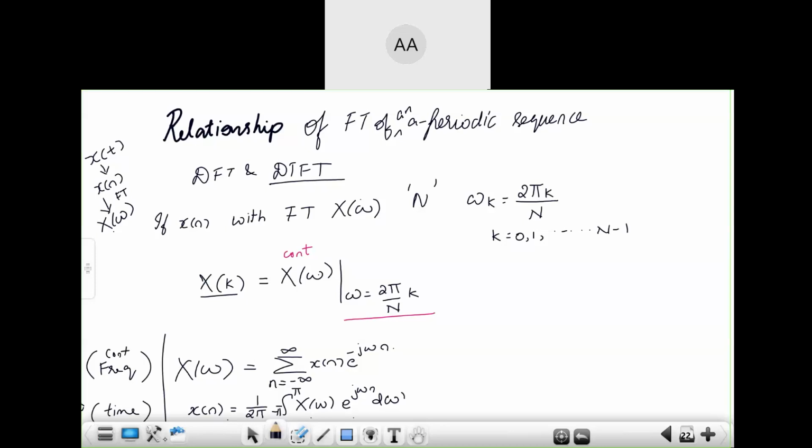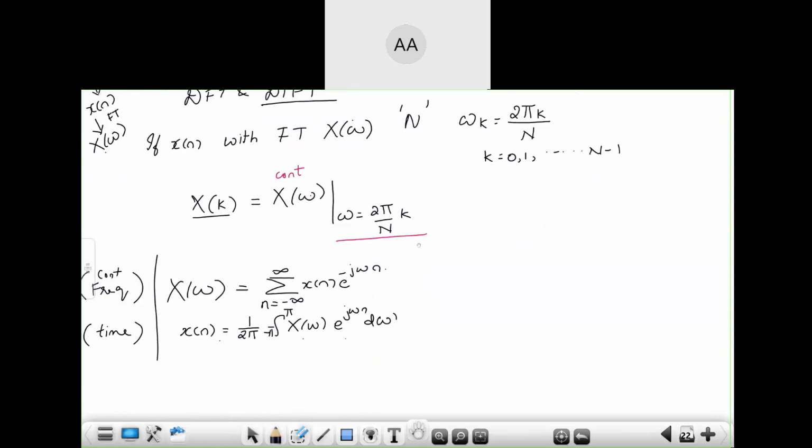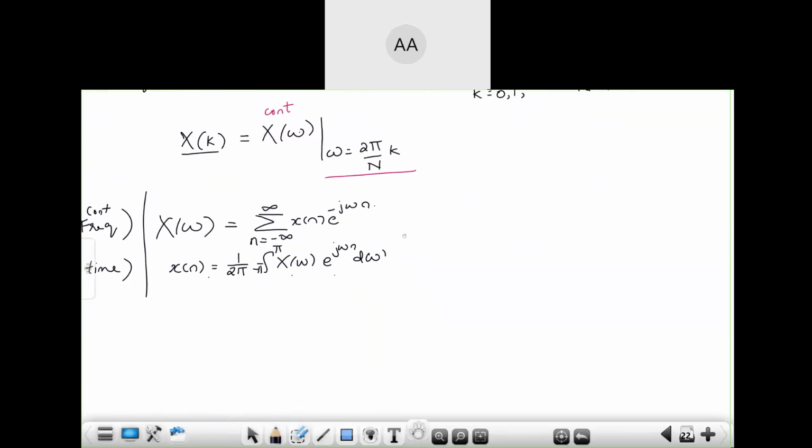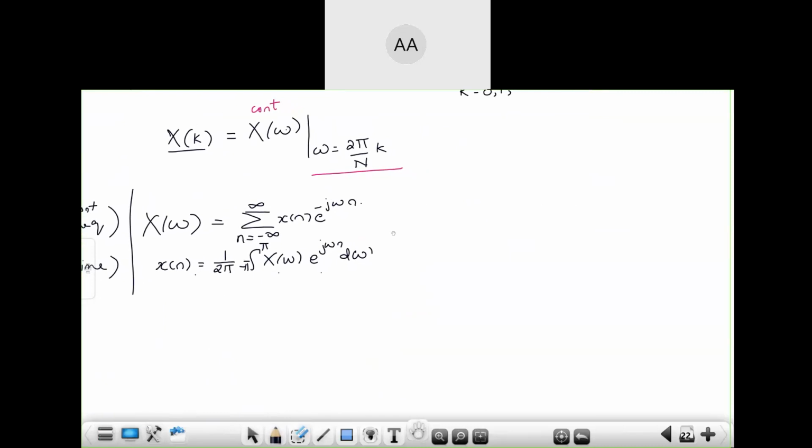Got it? So from this x of omega, what do I need? From this, I want to get x of k.